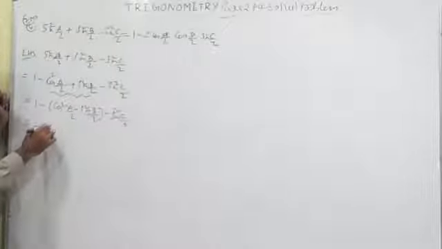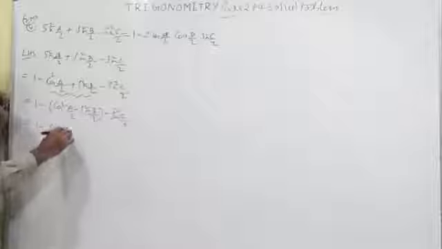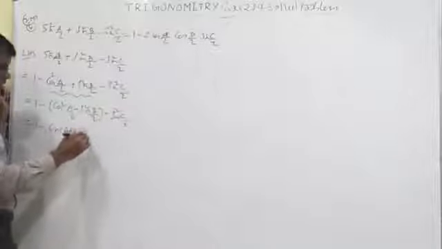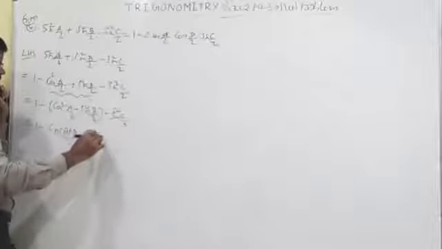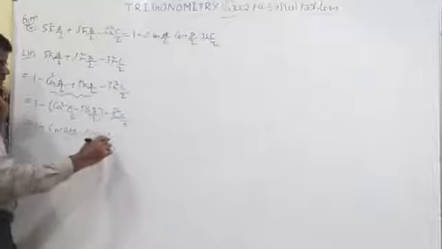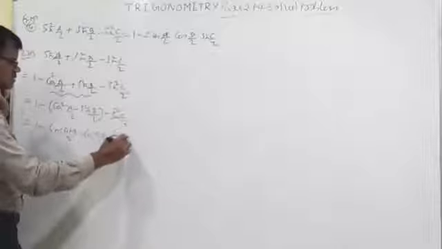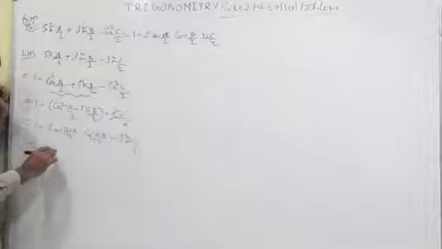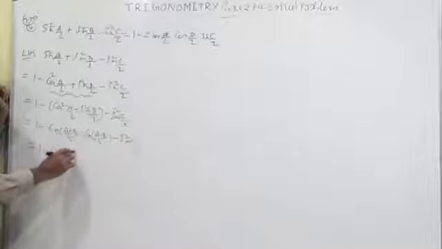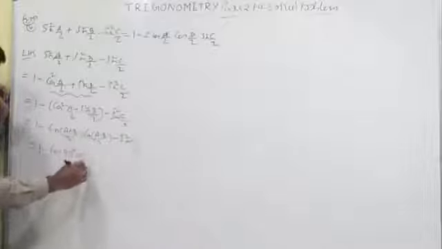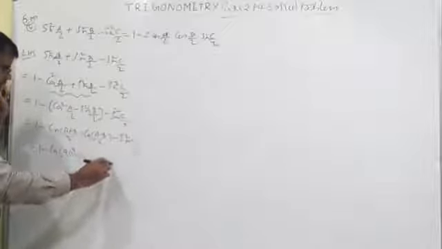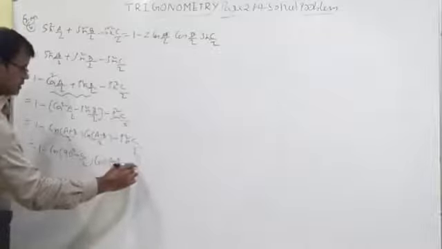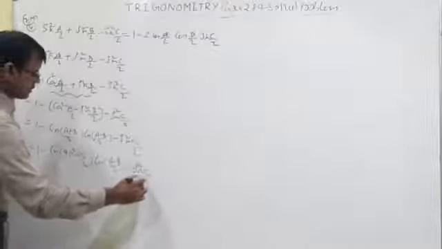This is of the form cos² A − sin² B, which is cos(A+B) cos(A−B). So cos((A+B)/2) cos((A−B)/2) − sin² C/2. Instead of (A+B)/2 you can write 90 − C/2, times cos((A−B)/2), minus sin² C/2.